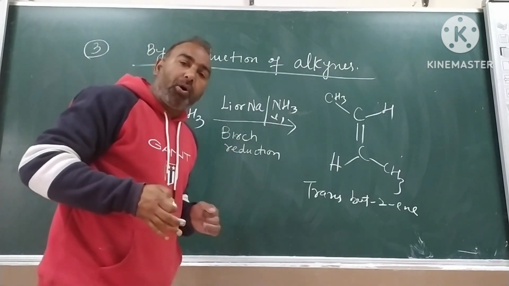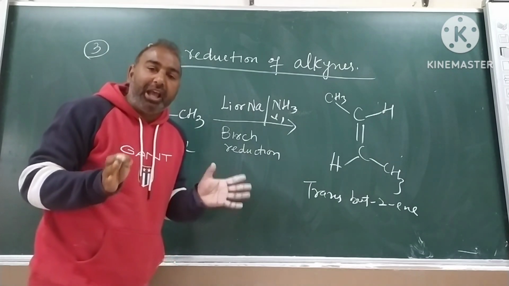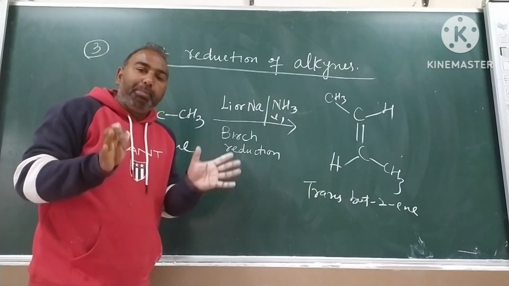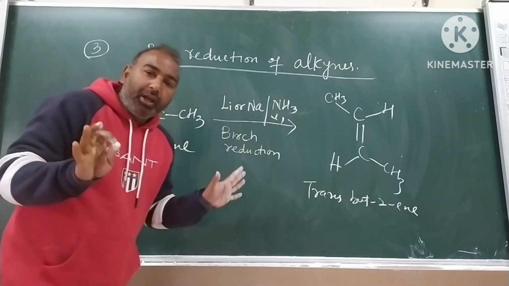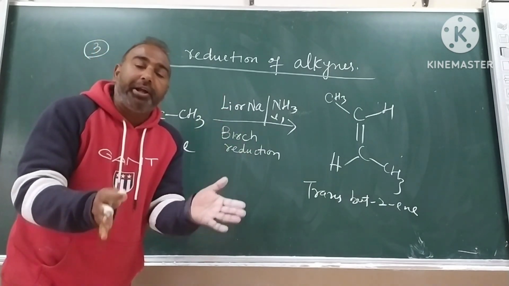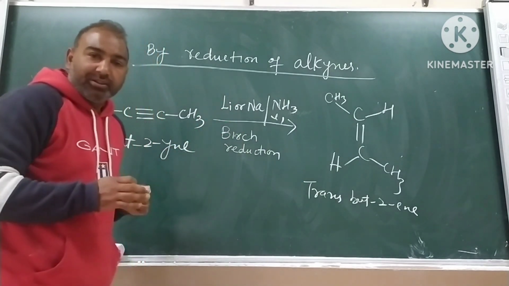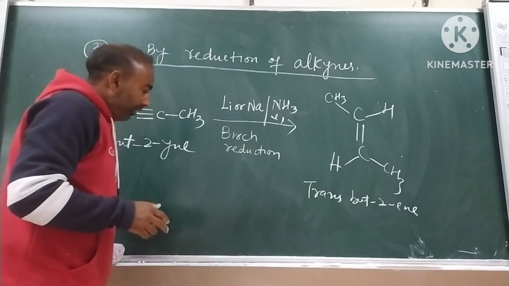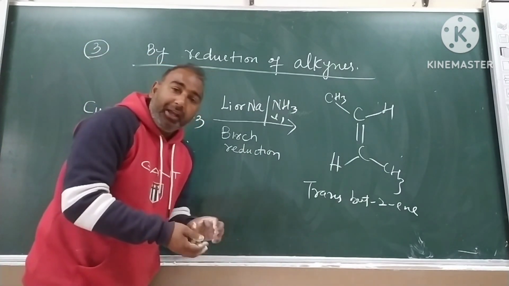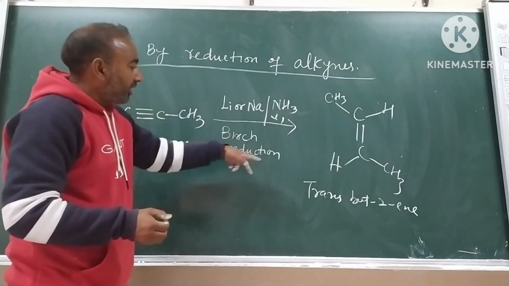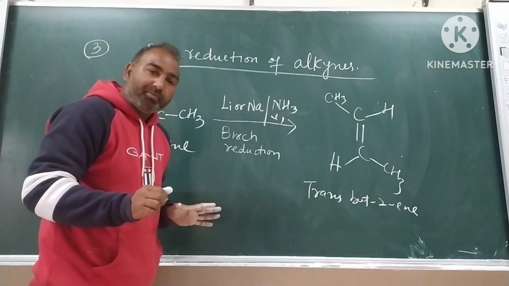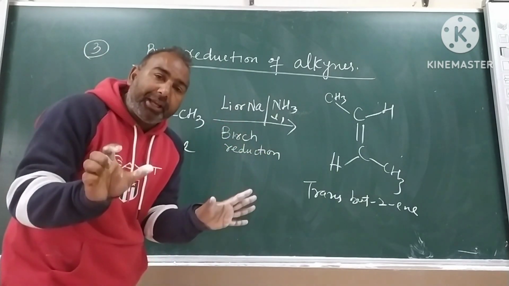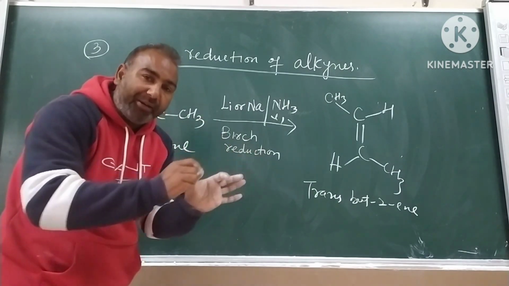Such a reduction we call Birch reduction. It is called controlled reduction of alkynes. So Birch reduction gives trans-2-butene. The stereochemical aspects I will not discuss this time.